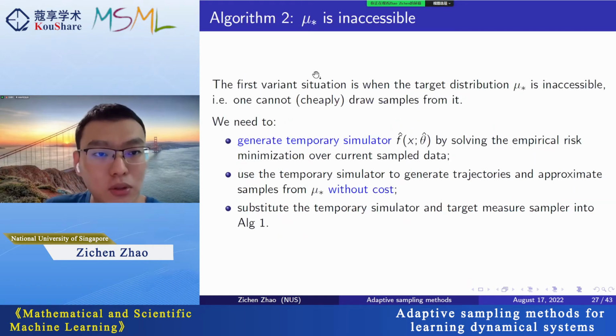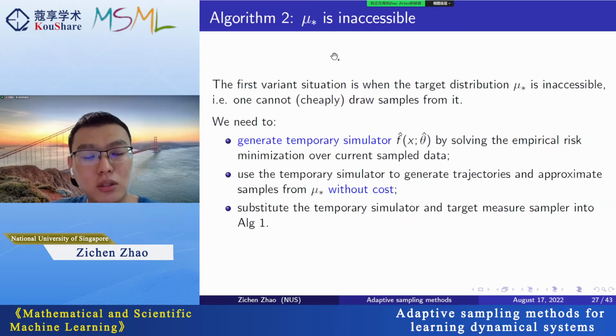And here we have the first variant of the basic algorithm. Recall the chicken-and-egg problem. In some cases, the target distribution mu star is inaccessible, for example the invariant measures, which means one cannot cheaply draw samples from mu star.